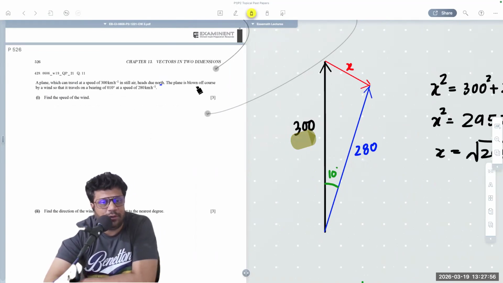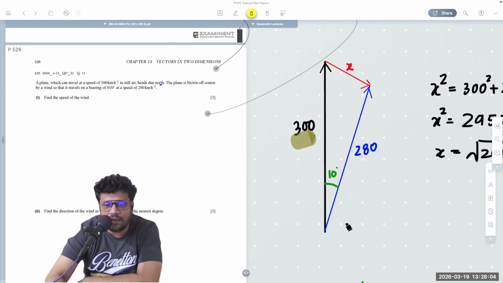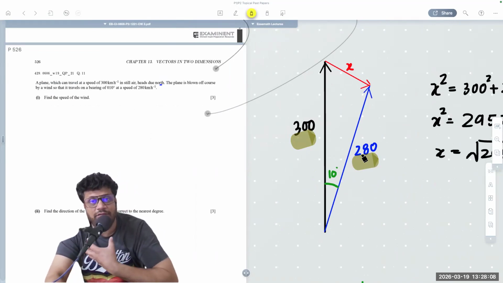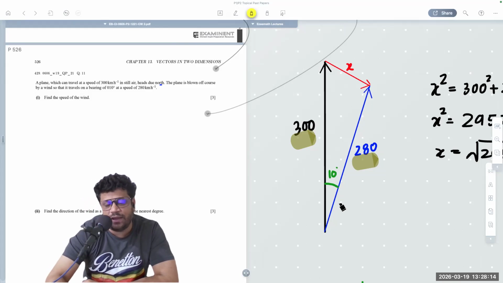The plane is blown off course by a wind so that it travels on a bearing of 10 degrees. The blue arrow shows the direction of the plane after it has been blown off course by the wind.